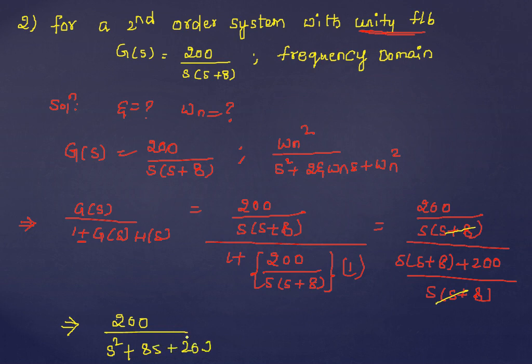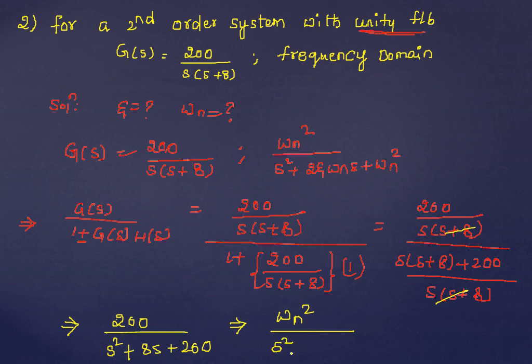Just compare this with the second order system. Why are we comparing this with the second order system? Because we have to find out the zeta value and omega n value. If we know the zeta value and omega n value, then we can calculate the frequency domain specifications of the system.